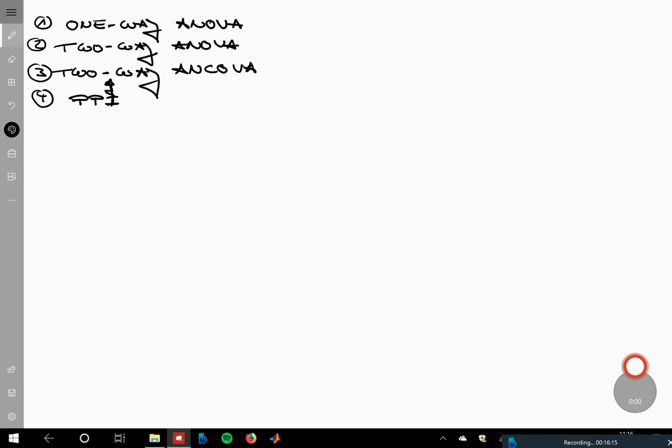So one-way ANOVA, that's our first topic. From a psychology statistics perspective, when do you use one-way ANOVA? As opposed, let's say, to simple linear regression or t-test.